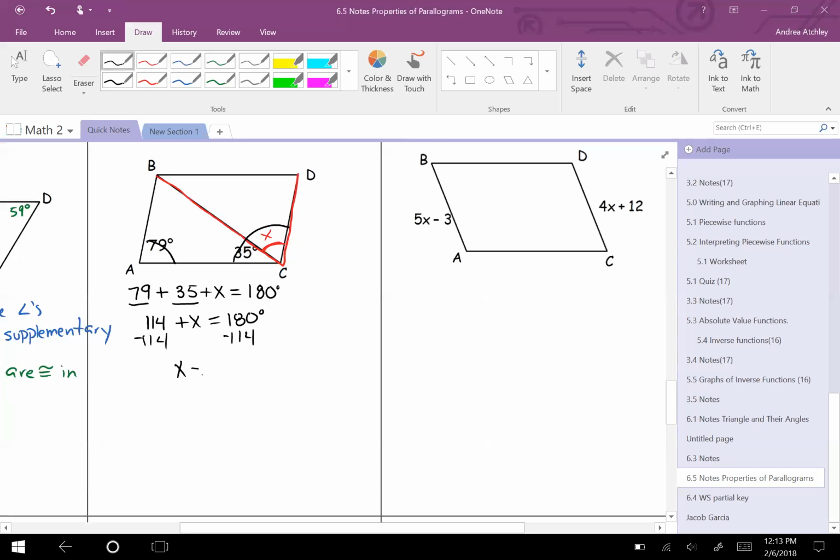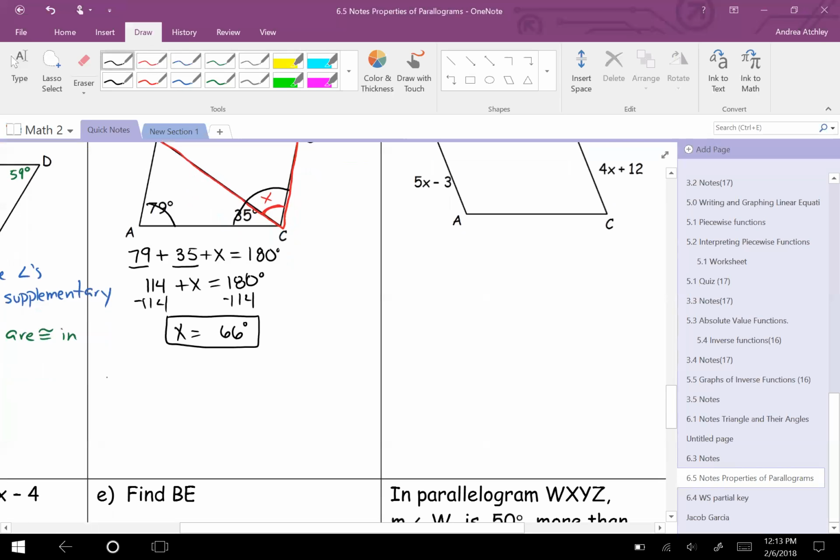That's going to give me X equals 66 degrees. Okay, and our reasoning for that was consecutive angles in parallelograms are supplementary. Any questions over that? We're all good?